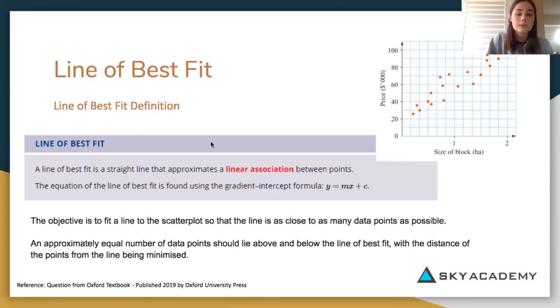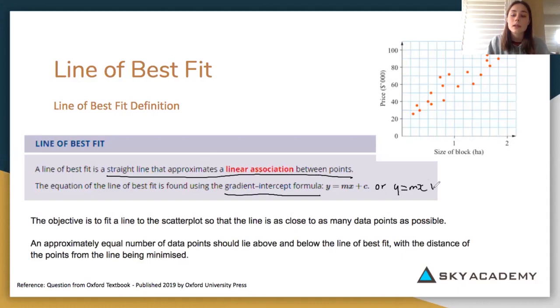So the line of best fit is a straight line that approximates a linear association between points. And to figure out the line of best fit, we can use the gradient intercept formula, which is y equals mx plus c, or you may have seen it as y equals mx plus b.